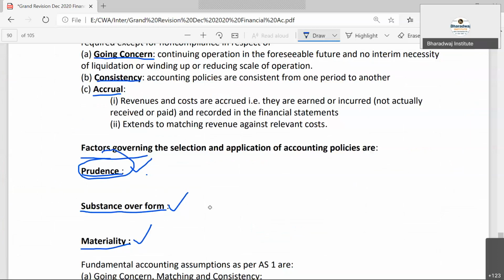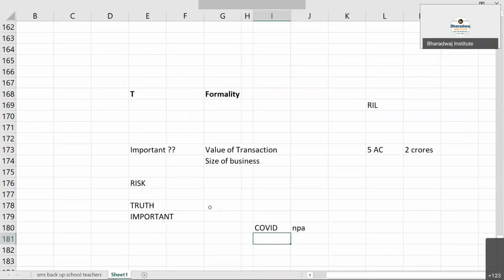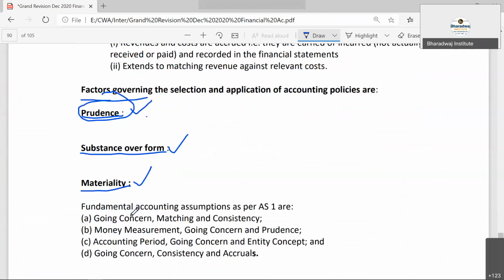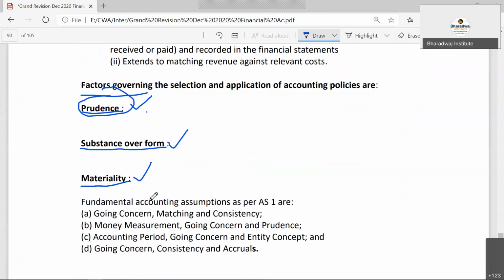They had huge borrowings. If you see a company's balance sheet, you see 100 crores of own capital and 200 crores of borrowed capital. If something goes wrong with the business, that's all. Then you will be like Cafe Coffee Day's Siddharth, where having crores of business has no use, you have to commit suicide. So prudence, substance over form, and materiality are the important factors that should be covered.